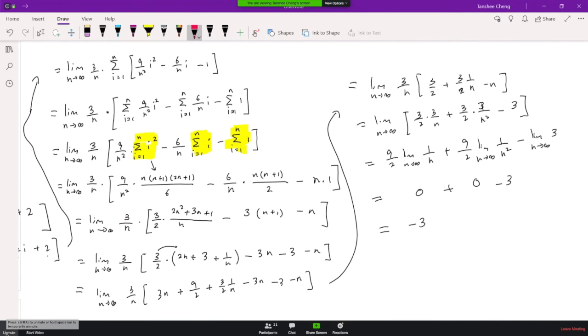How do I move from here to here? That's important. And also important is, why do we need to change everything in terms of n? Because we are talking about the limit as n approaches what? Infinity. So I need to have all the variables in terms of n for the function.